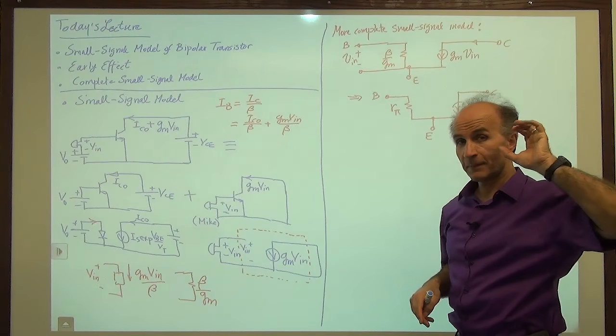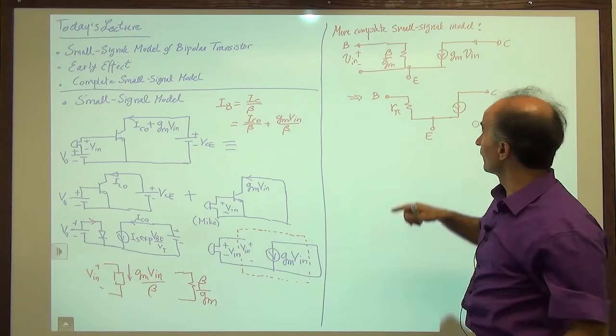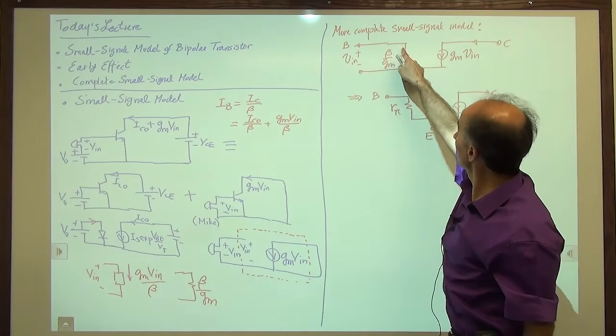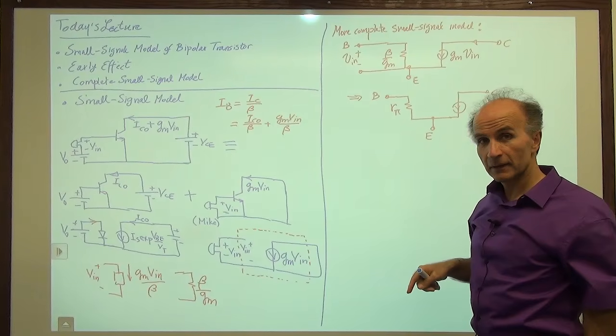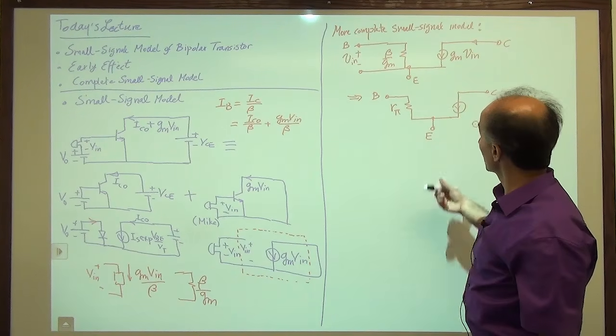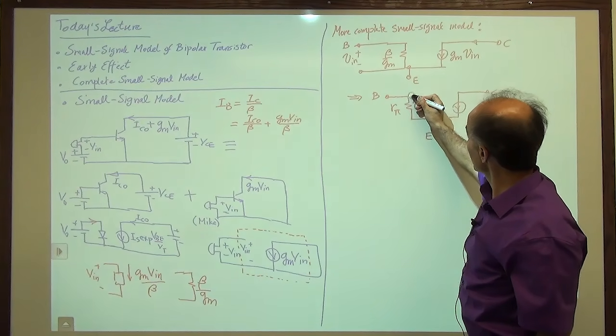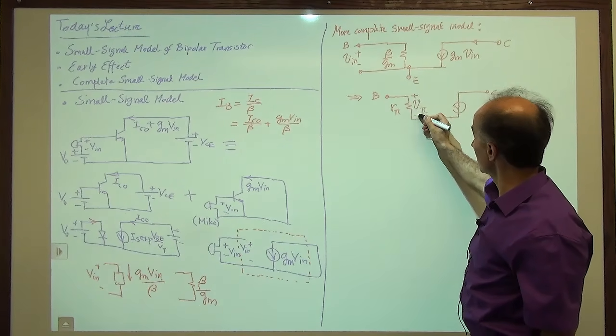So we want to give it a specific name that is always representative of the base emitter voltage fluctuation. So we call that V sub pi. And it's positive here, and it's negative here.